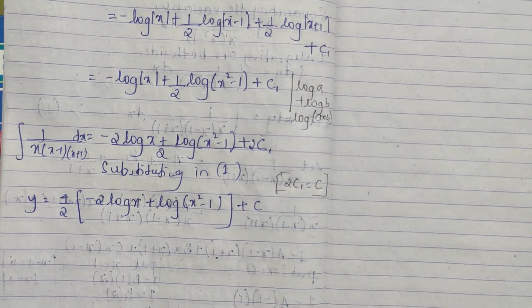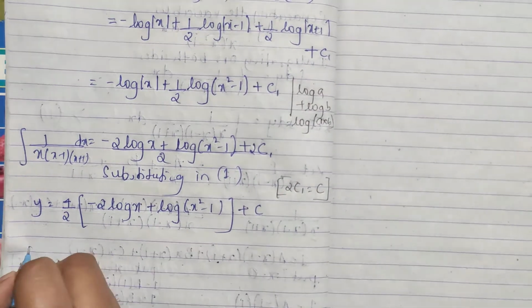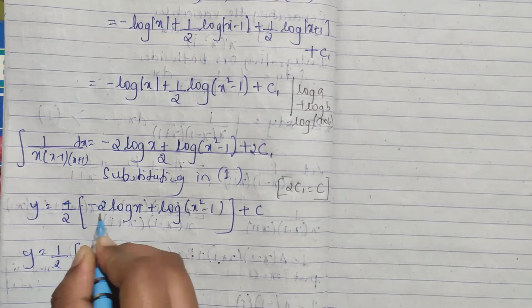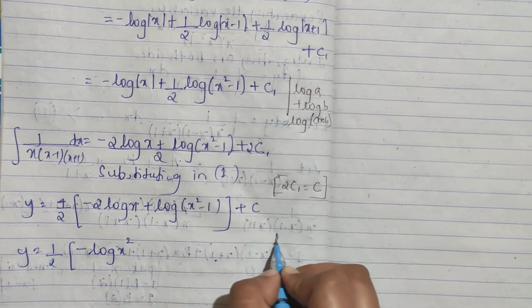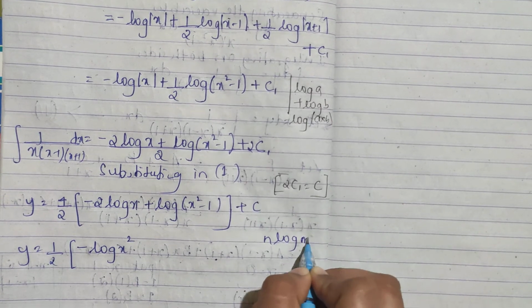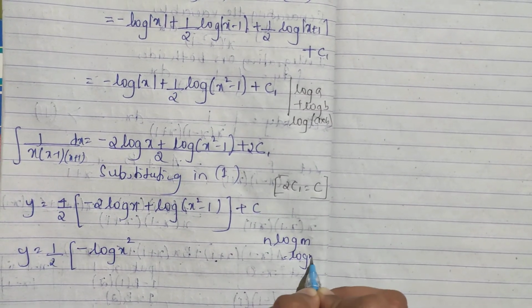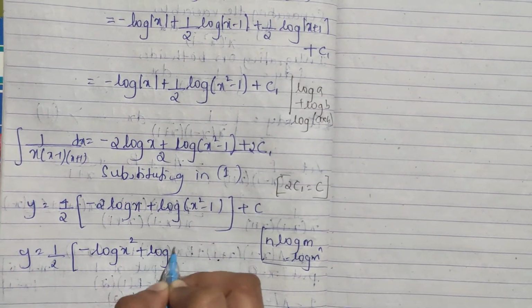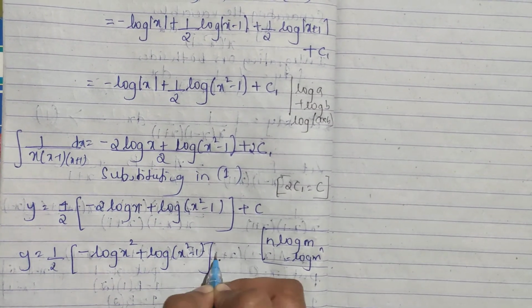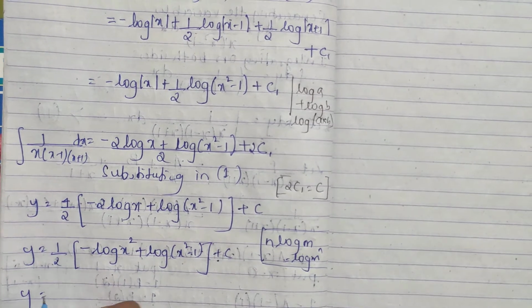After coming here, even this is in log, so what we can do is write minus log x square. N log m becomes log m raised to n. Even this identity, don't forget it, plus log of x square minus 1 plus c. So here you have half.